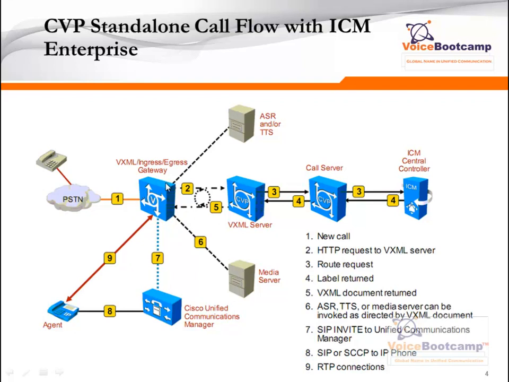If neither of them is required, at that moment the ingress gateway, or the voice XML gateway, will contact the communication manager, in this case the call manager. The call manager will initiate a signal to the agent phone based on the label that was returned in step number 4. The agent will then answer the call, and RTP will be established between the agent and the voice XML gateway.